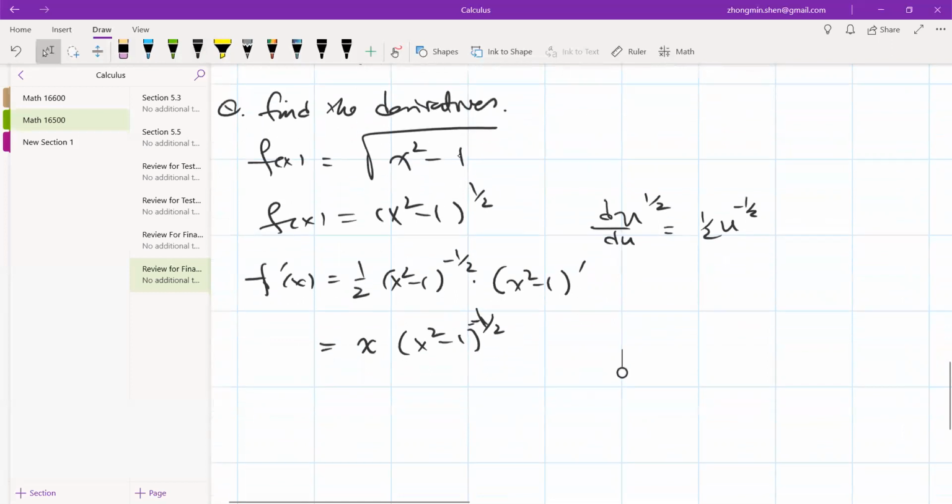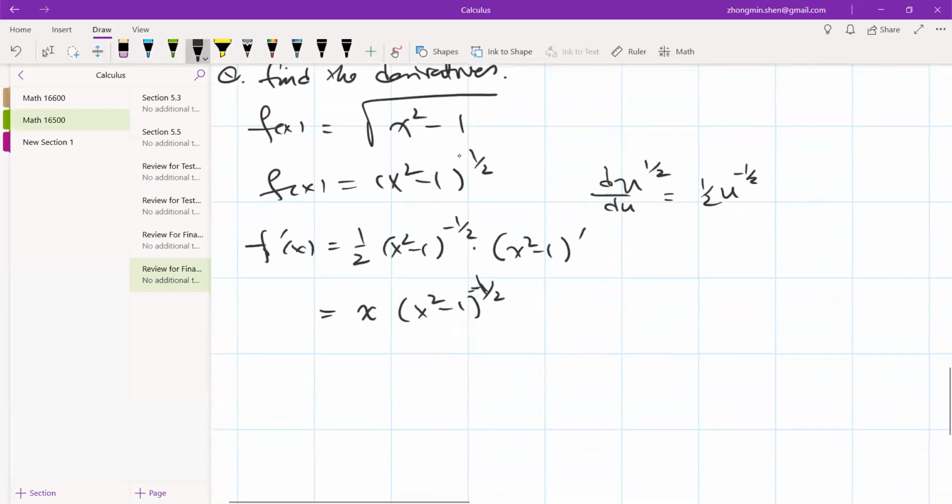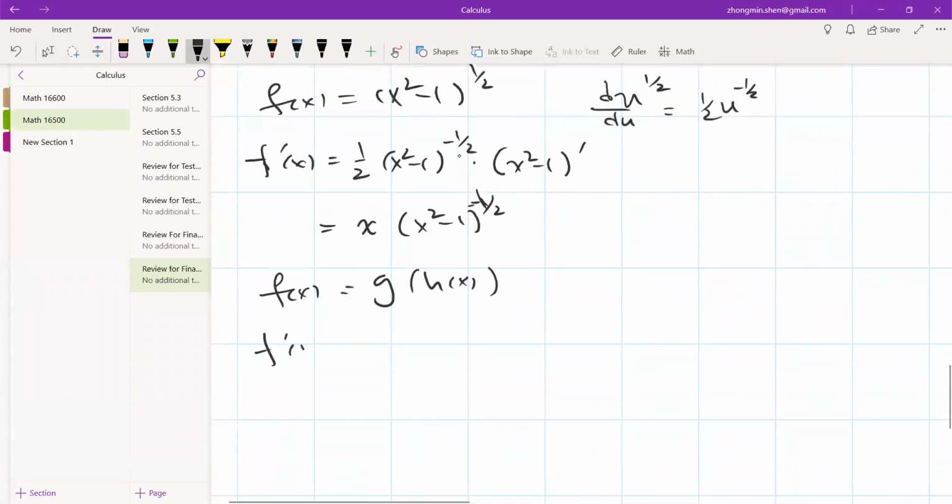Remember, if we have f of x equals g of h of x, then f prime of x is going to be g prime of h(x) times h prime of x. That's the chain rule, another version of the chain rule.